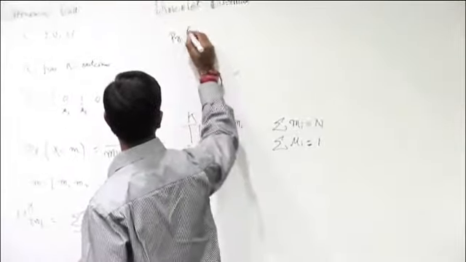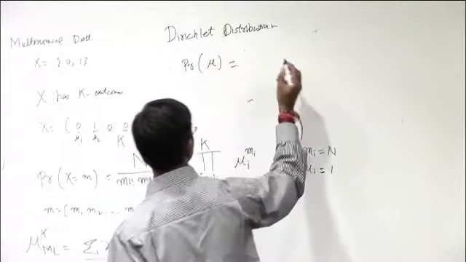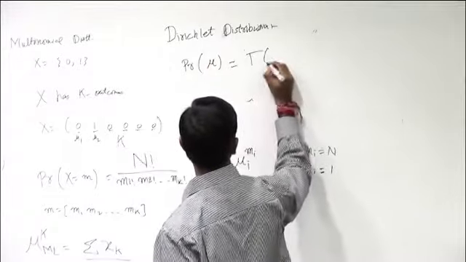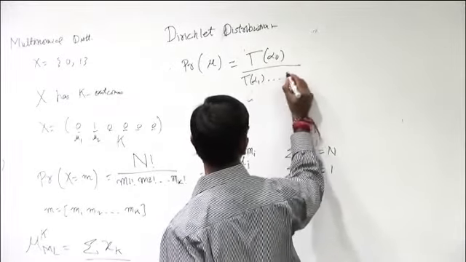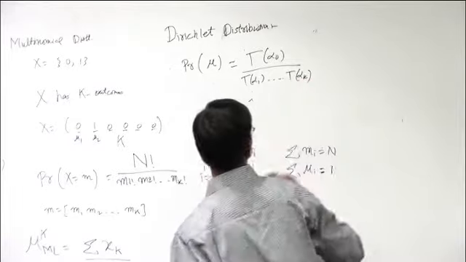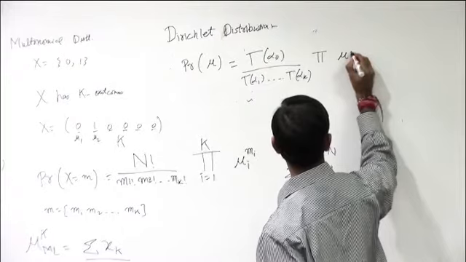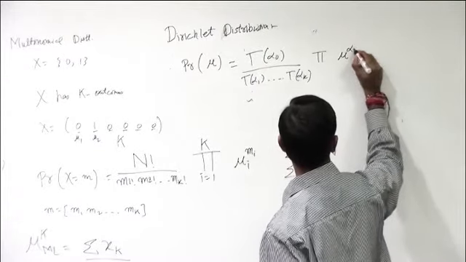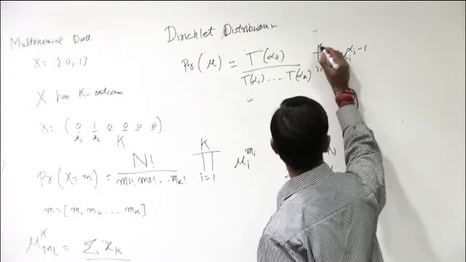And this Dirichlet distribution is defined as: probability of mu is given as gamma of alpha 0 by gamma of alpha 1, and so on till gamma of alpha k, times the product of mu i to the power alpha i minus 1, i going from 1 to k.